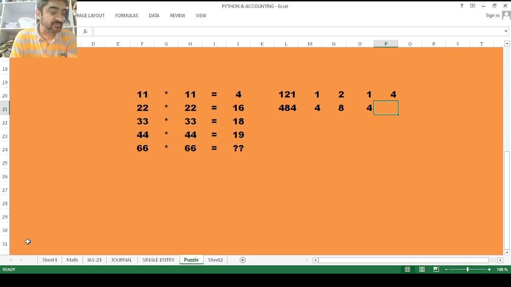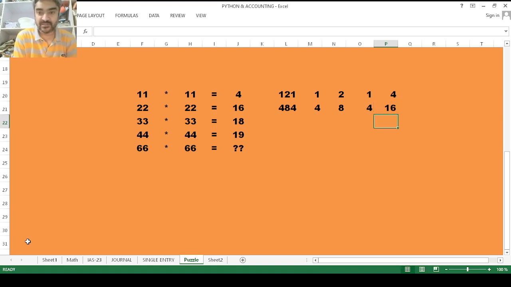And let's do the summation of these three numbers: 4 plus 8 plus 4, it comes out 16. So this might be the pattern. As you can see, we have found the second answer by applying the same pattern.